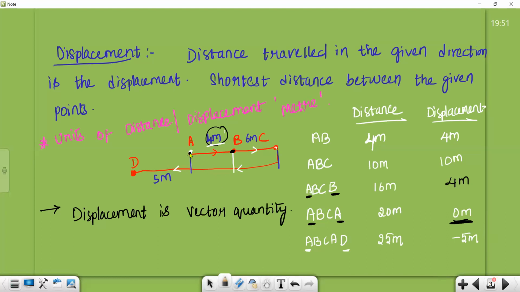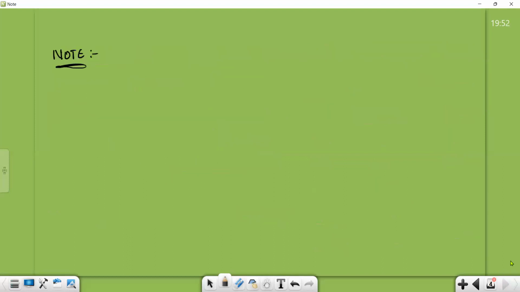If initially the body is at point A and finally it reaches point A, what is the shortest distance? Take it as 0. That is the important note you can mention here.